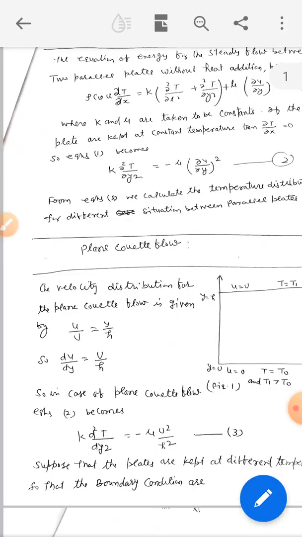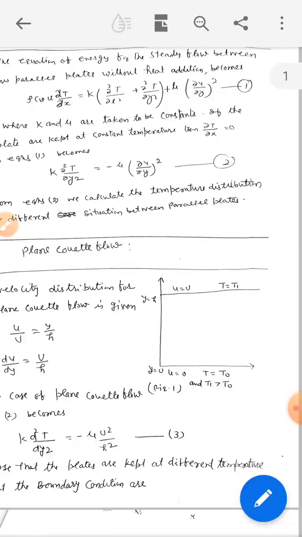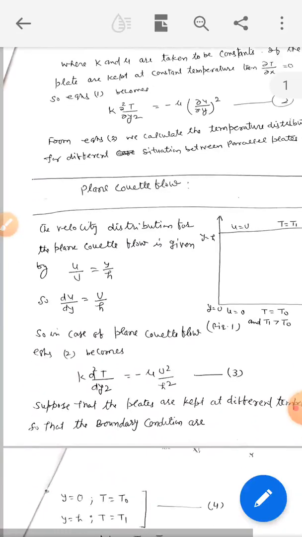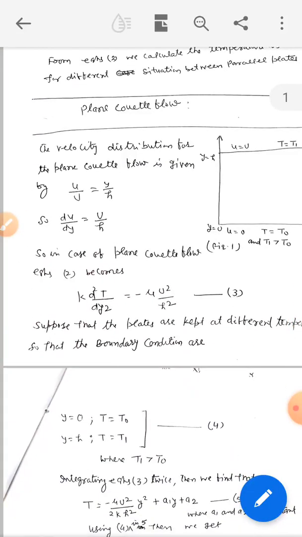This diagram shows the temperature. Suppose at y equals 0, velocity u is 0 and temperature T is T0, and in the upper plate case, when y equals h, velocity u is equal to capital U and temperature T is equal to T1. It is also known that the upper plate temperature is greater than the lower plate, so T1 is greater than T0.